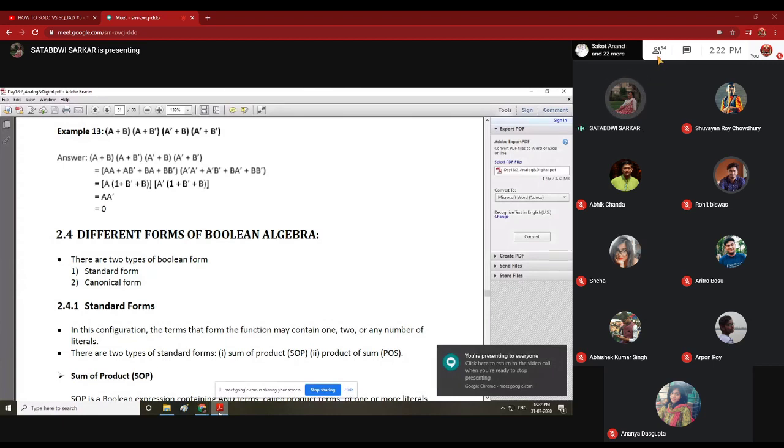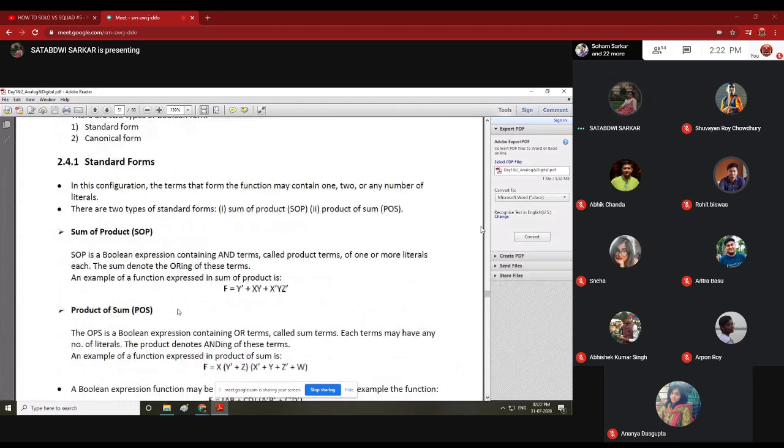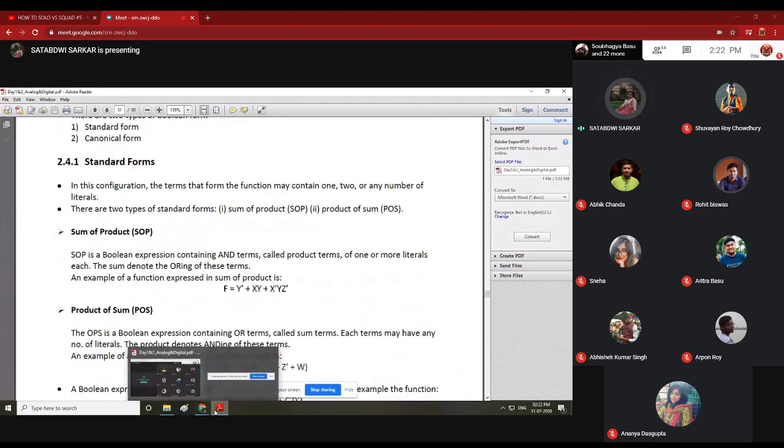That is the standard form and canonical form. Now, SOP form. SOP form, that is sum of product form.